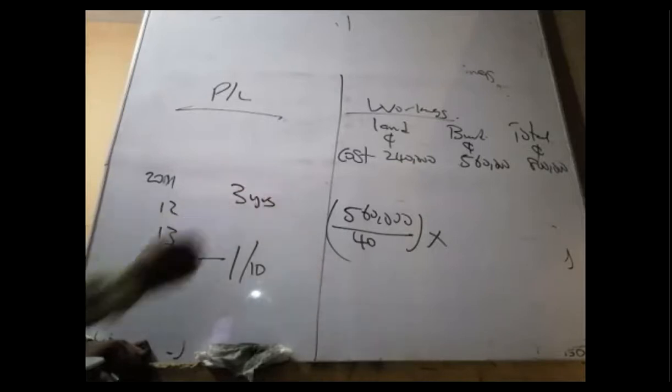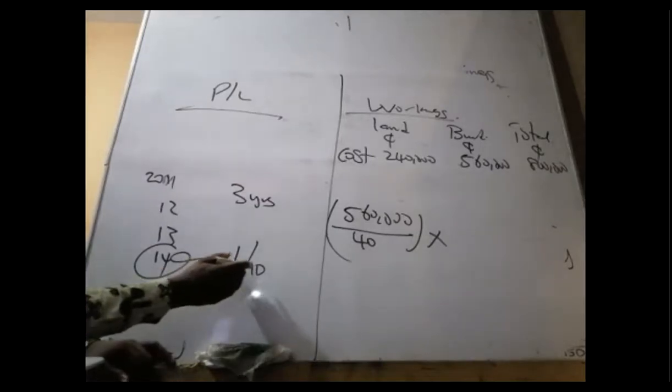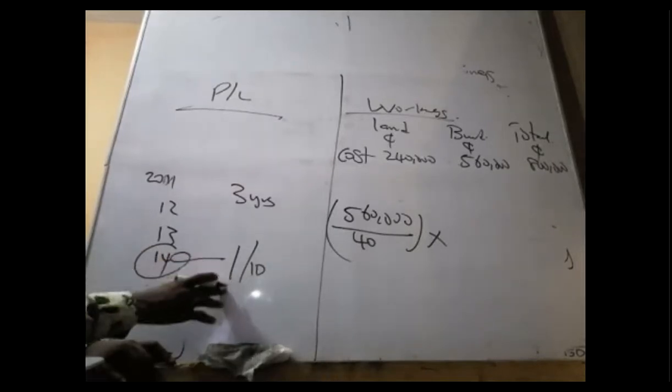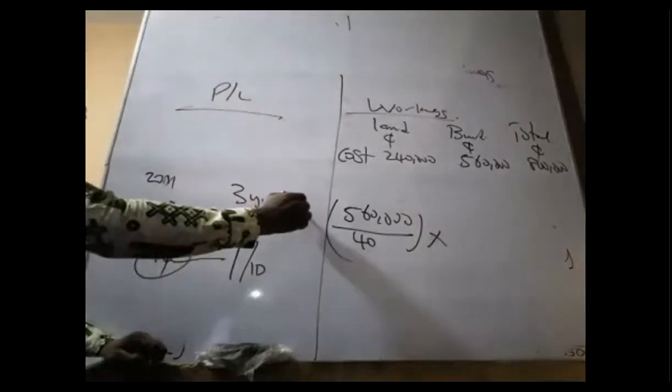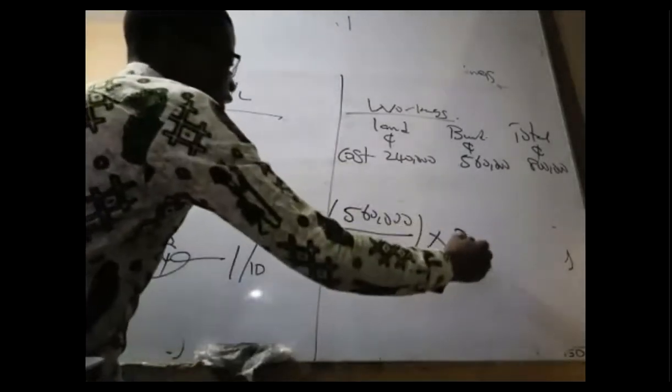So it will be 3 years and 9 months. Multiply by 3 years and 9 months.